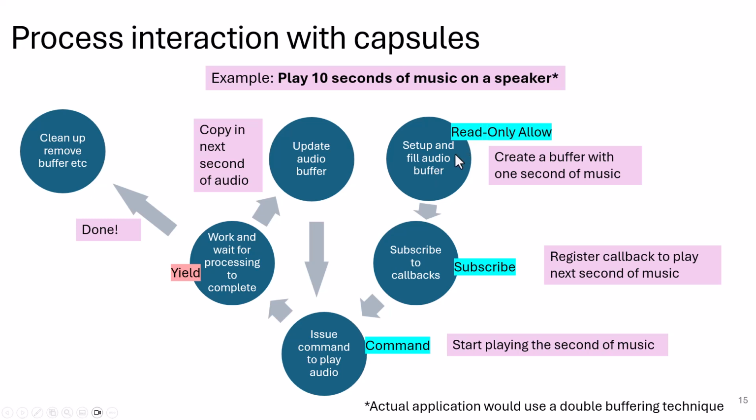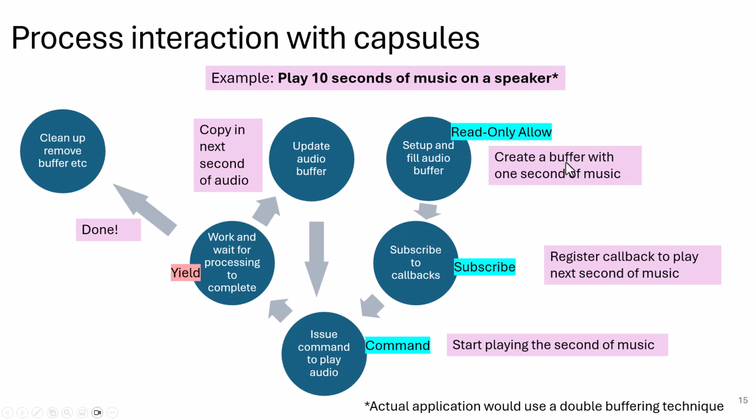So it's going to need to create a buffer of memory in the process space that it can access. It doesn't need the kernel to be able to write to it, so it's not a buffer that needs communication back and forth as far as the kernel writing information to that buffer. So this buffer can be a read-only allow, which means that the kernel just needs to be able to read it. It doesn't have to worry about writing to it.